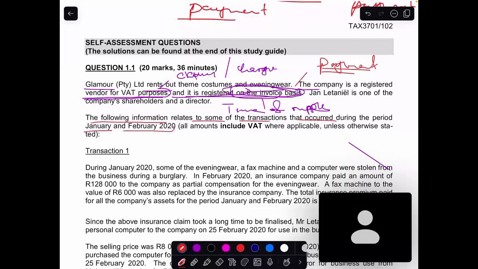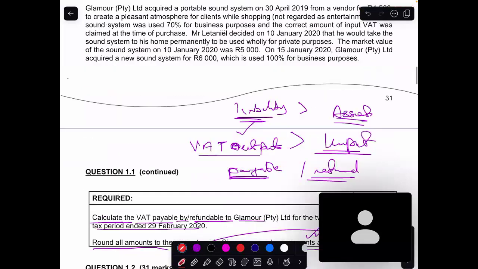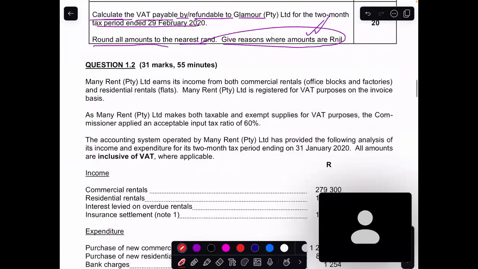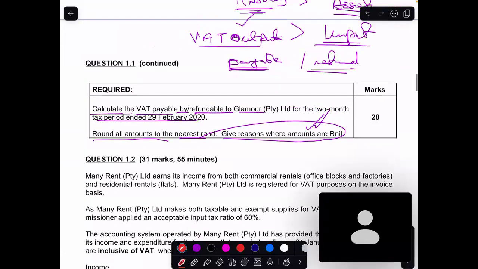If you go to the required, they said we should calculate VAT payable or refundable for the 2 months tax period, that is, for the 2 months tax period ending 29 Feb. So we are calculating for which months?